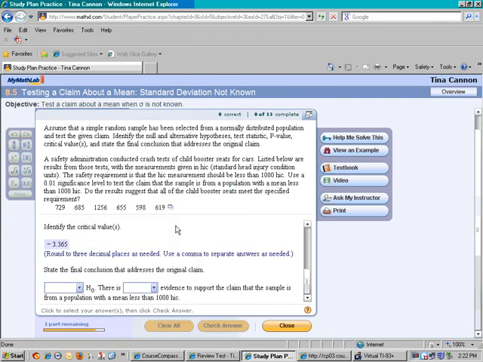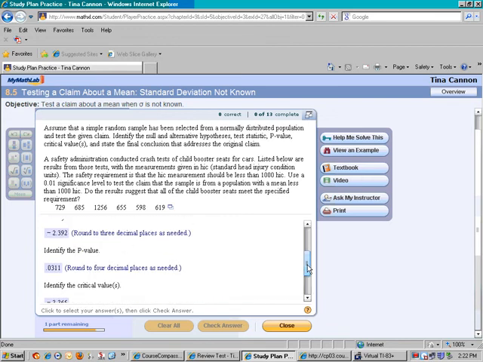Now, we have to make a conclusion about this. It says to state the final conclusion that addresses the original claim. Let's go back and use the p-value method and see what happens. Notice the p-value is 0.03 and our level of significance is 0.01. Well, this is larger.